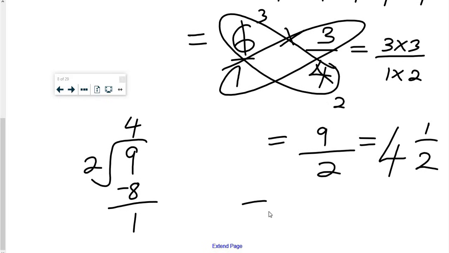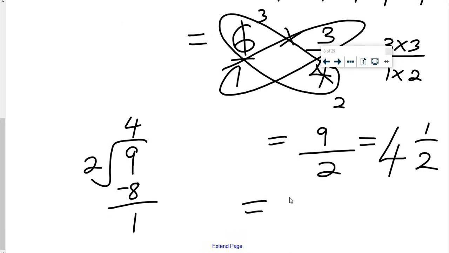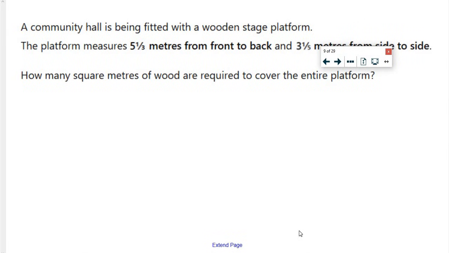So the distance from the first post to the last post will be 9/2 meter or 4 1/2 meter. So that's the distance. Alright, so I hope that helps. The next question.